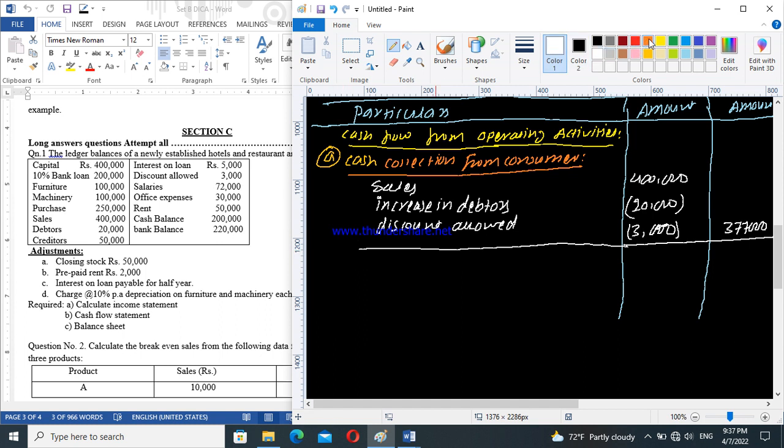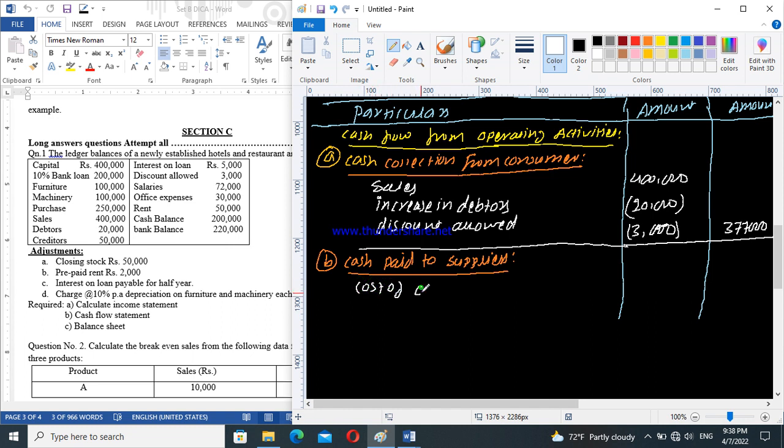B, cash paid to suppliers. Cash paid to suppliers involves cost of goods sold.